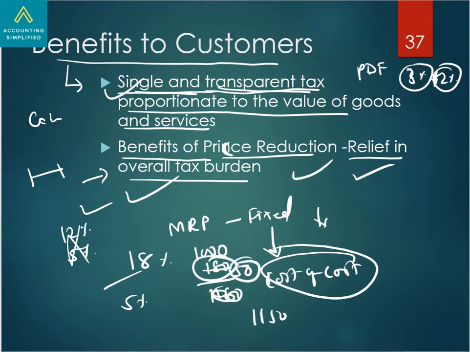So 1150 and 1050. So whatever the difference from 1180, it's a reduction in your total value, or total cost. So the overall tax burden is reduced. So these are the benefits to the taxpayer.